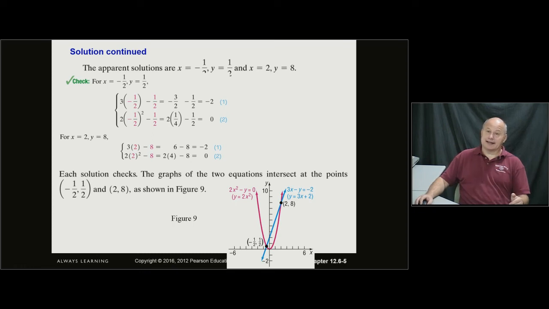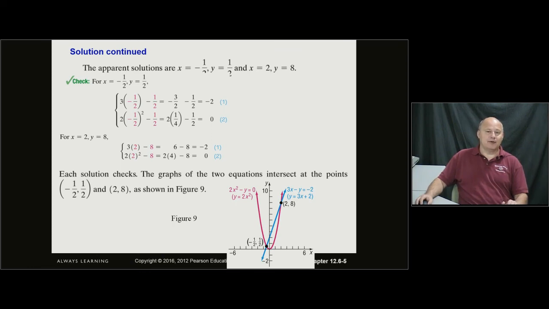Now, like I said, you got to be careful. You're given the system. You're not going to be able to graph them every time, so you're not going to know exactly how many solutions there are going to be. So you're like, well, what would have happened if this parabola and this line did not intersect at all?